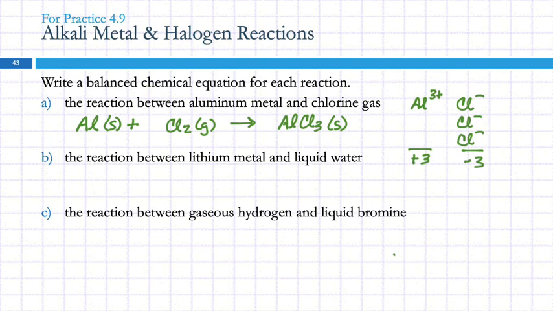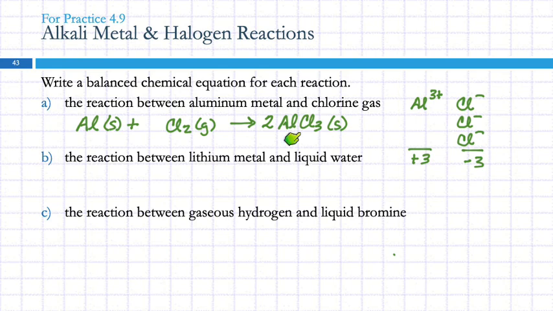How do we balance this? We'll start at the beginning. 1 aluminum, 1 aluminum. Awesome. 2 chlorines, 3 chlorines. I have an odd number on one side and an even number on the other side. If I multiply by 2, I can make my odd number into an even number.